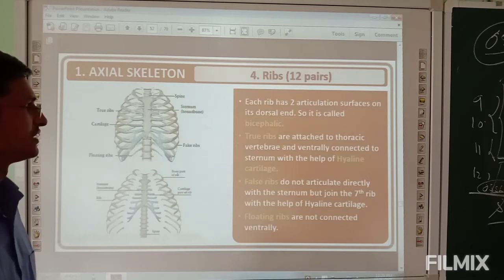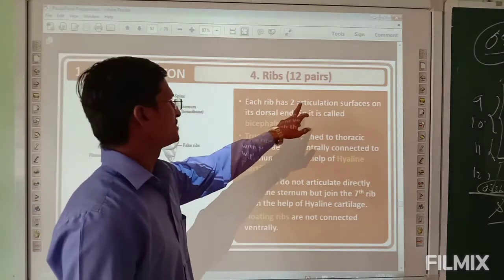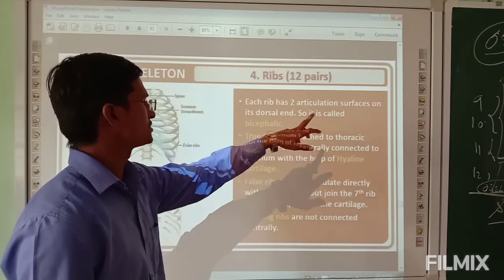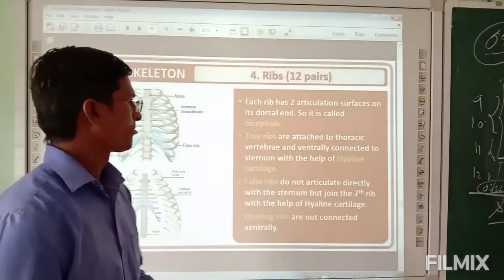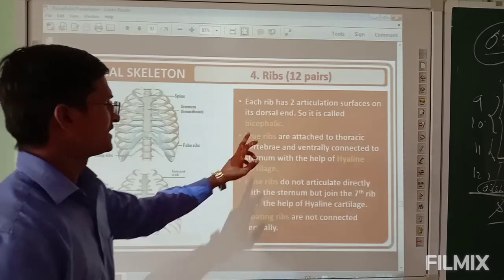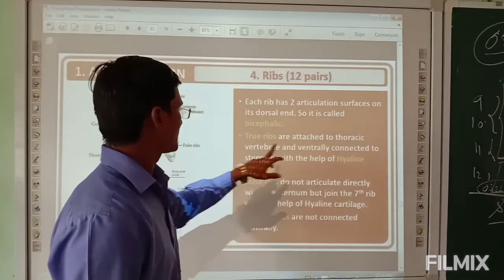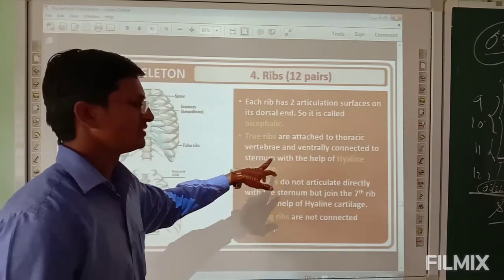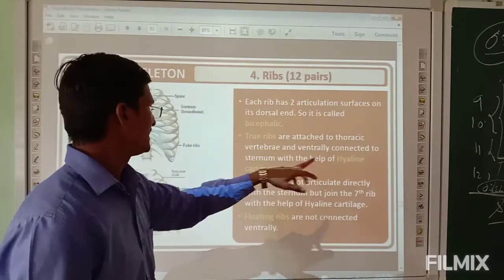The ribs are again bicephalic, because each rib has 2 articulation surfaces on its dorsal end, so it is called bicephalic. The ribs are attached to the thoracic vertebrae and ventrally connected to the sternum with the help of hyaline cartilage.